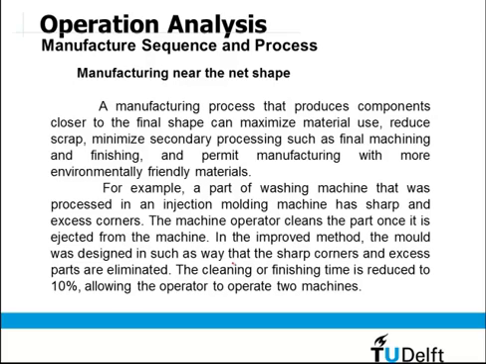Here we can maximize material use, meaning we use the material fully and there is no scrap. A manufacturing process that produces components which are more closer to the final shape can maximize material use and reduce scraps, minimize secondary processing such as final machining and finishing, and permit manufacturing with more environmentally friendly materials.